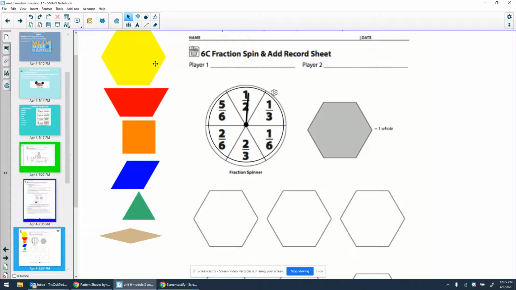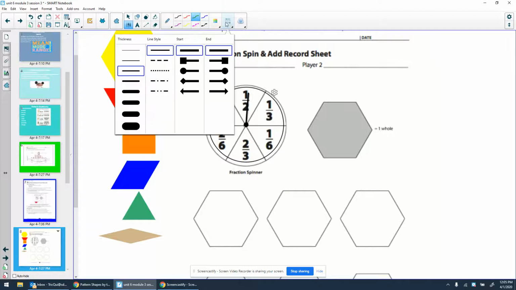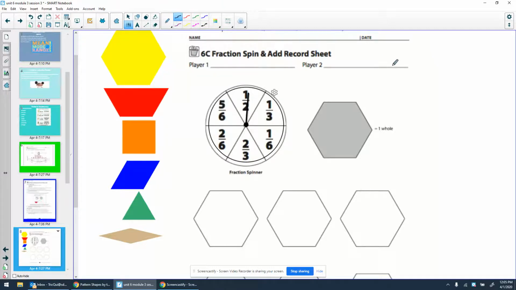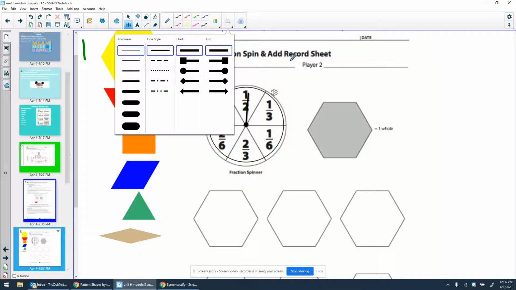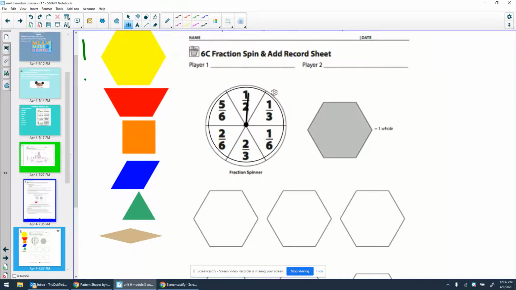What you want to do is use these different patterns here. Let me bring my pen back right now. All right, let's see if I can do this. Let's shrink that line. Let's see if that works.